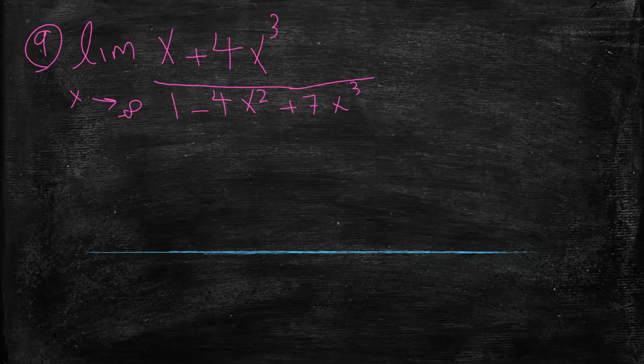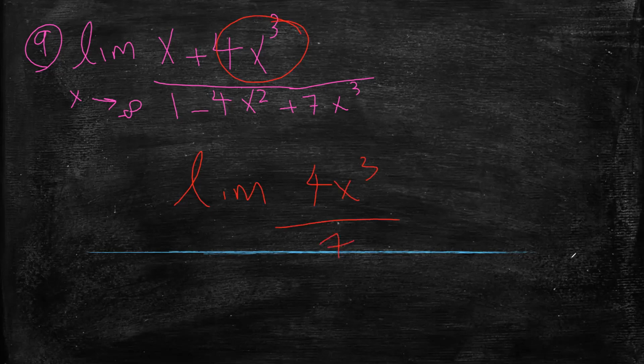We will take the 4x cubed over the 7x cubed. So you say limit 4x cubed over 7x cubed. And simplify, so it will be 4 over 7.